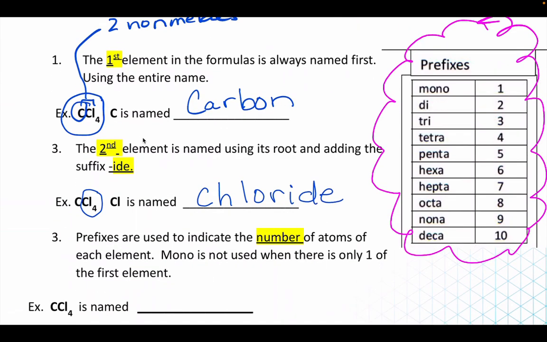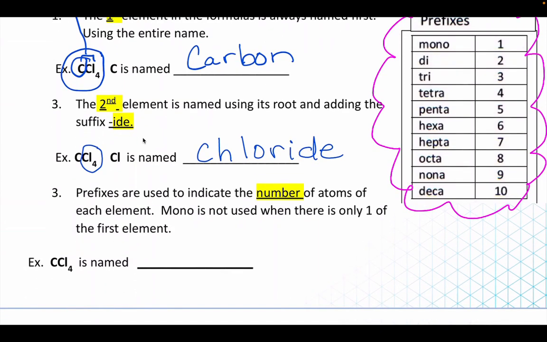So the name of the compound if it were ionic would be carbon chloride. But there's different combinations sometimes of the way carbon and chlorine can bond, and there's other formulas that also have those elements. Because of that, we need to differentiate and, in the name, tell how many carbons and how many chlorines there are.